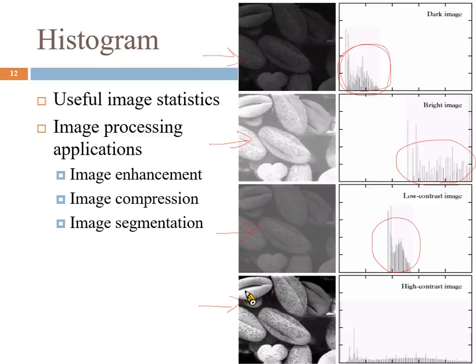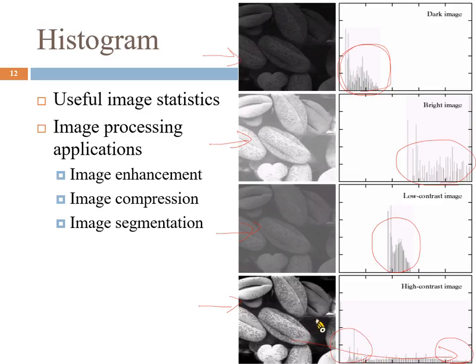And the so-called high contrast image is one where brighter pixels are really bright and darker pixels are really dark. So in a high contrast image, we will have a histogram like this. We have pixels with very high intensity, and we also have pixels with very low intensity.